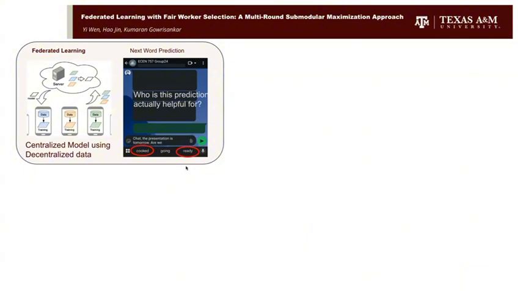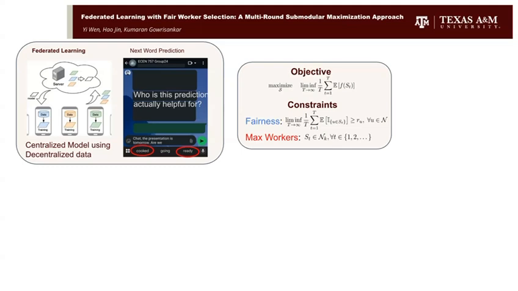The worker selection process is framed as a combinatorial optimization problem where we maximize the overall model utility while satisfying fairness requirements. So the problem of worker selection with long-term fairness is essentially a linear programming problem.